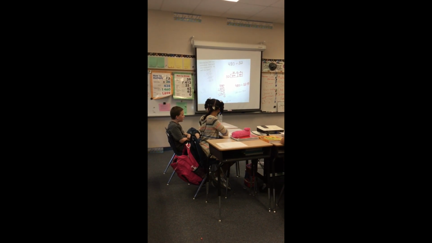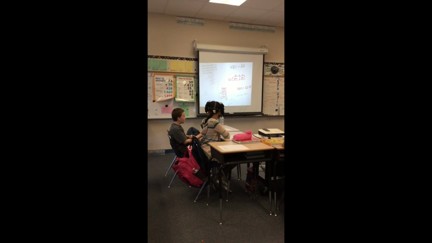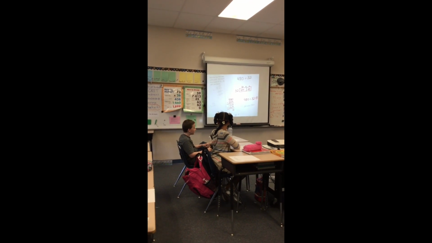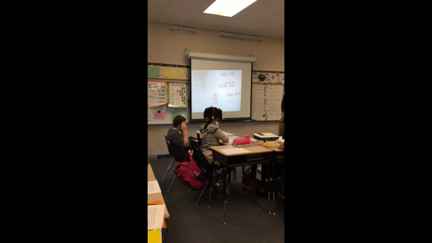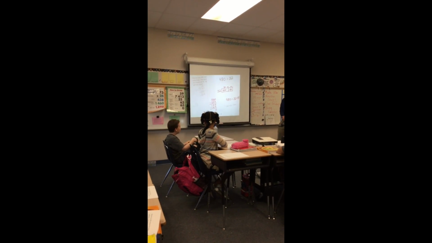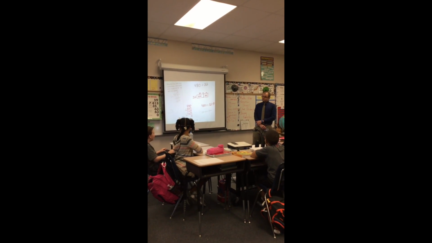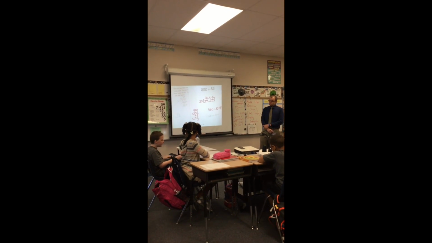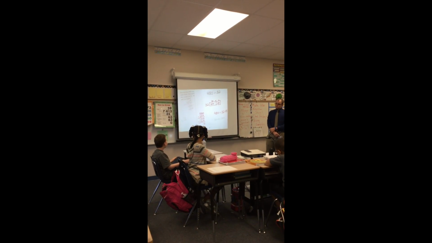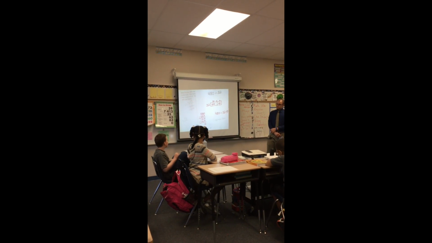So how we did partial quotients is a little bit simpler because all you have to do is just multiply in your head, know the number, subtract it, instead of writing all of the boxes and doing it. Actually, when I was in 4th grade, I always used to think that this was hard.